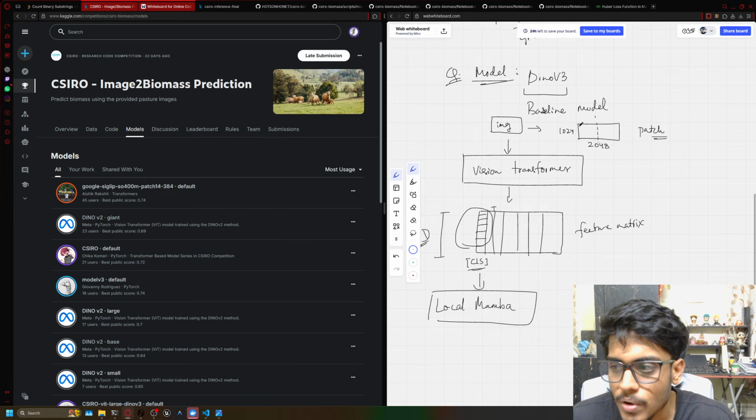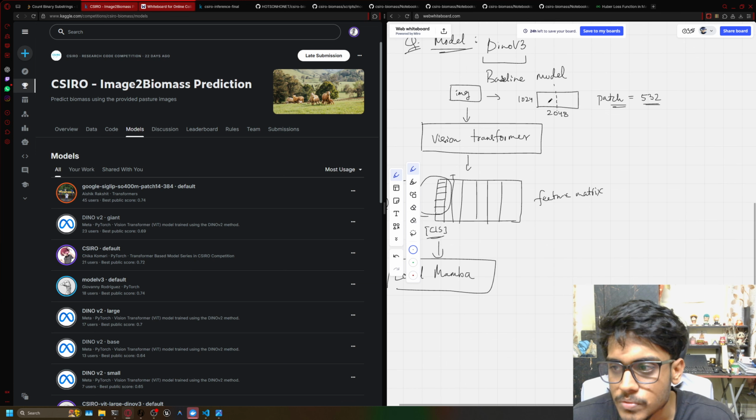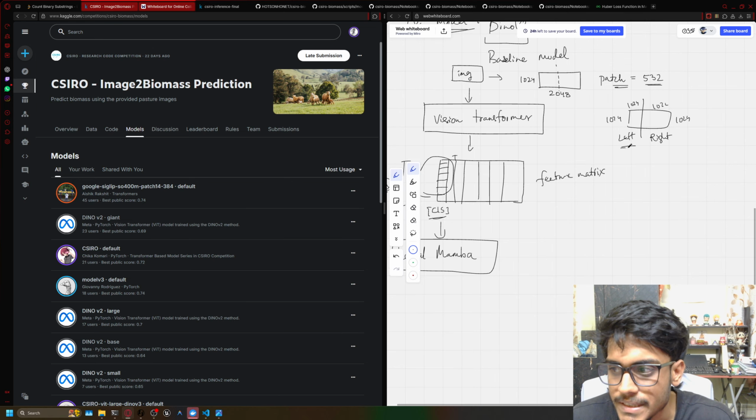So I have chosen 532. From the image, I was dividing into two halves. Now this is 1024 and this is 1024. This is my left half and this is my right half. These were getting resized into 532 by 532.